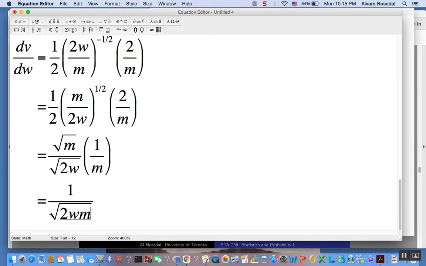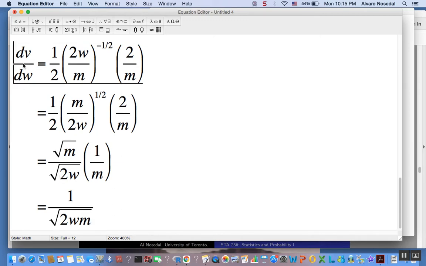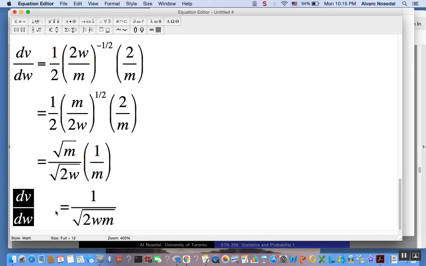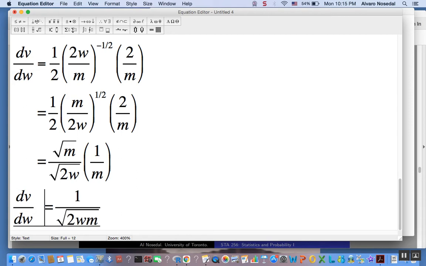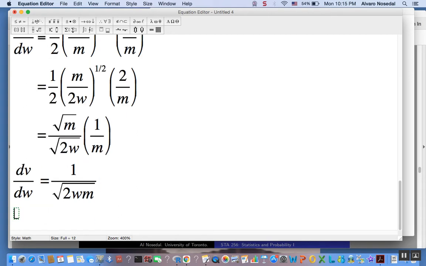Make sense? Okay, so now we have step 2, and we have simplified that expression. That is going to be helpful in the near future.